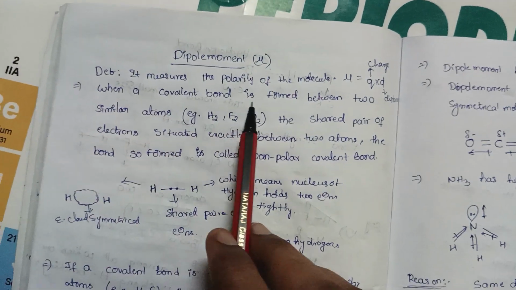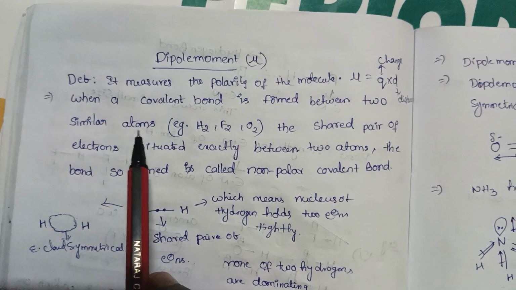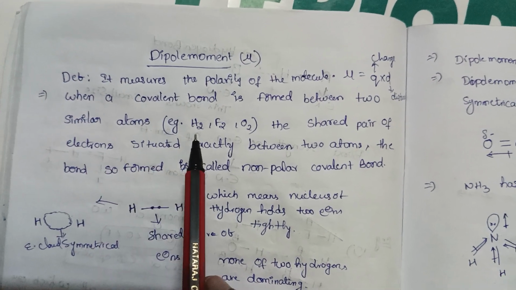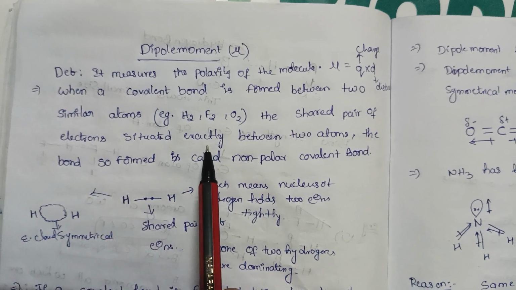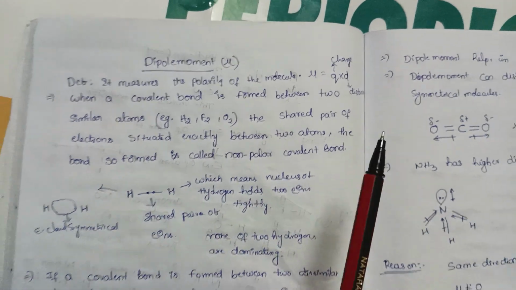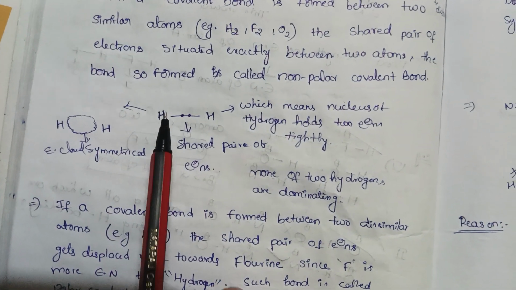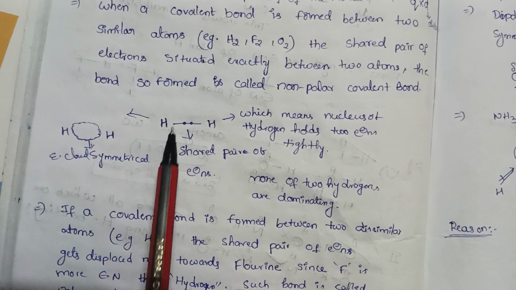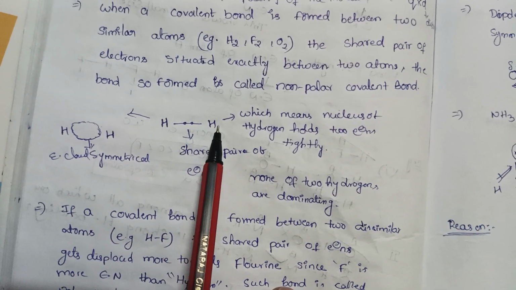When a covalent bond is formed between two similar atoms, or similarly electronegative atoms like H2, F2 and O2, the shared pair of electrons is situated exactly between the two atoms. That is called a nonpolar covalent bond. If we take the H2 molecule, hydrogen has one electron less than the duplet structure, and this is the other hydrogen atom.